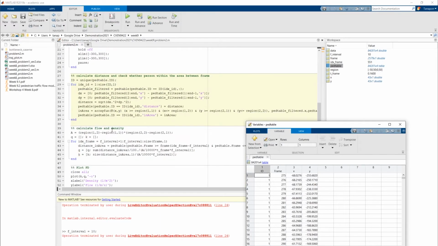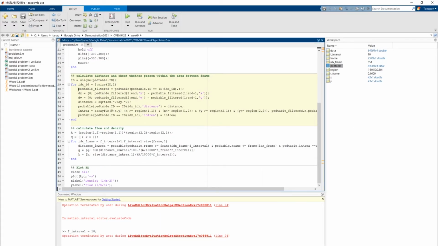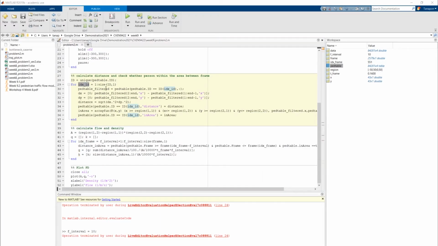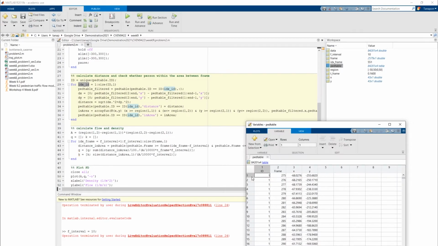It's quite a lot of data. So for each run, it will go to each ID, so to each person, and then it will calculate the distance.